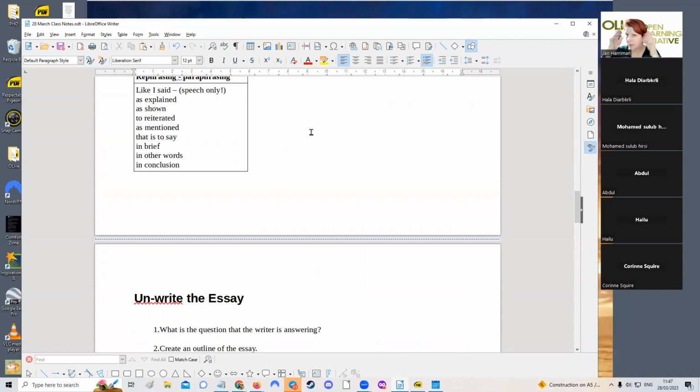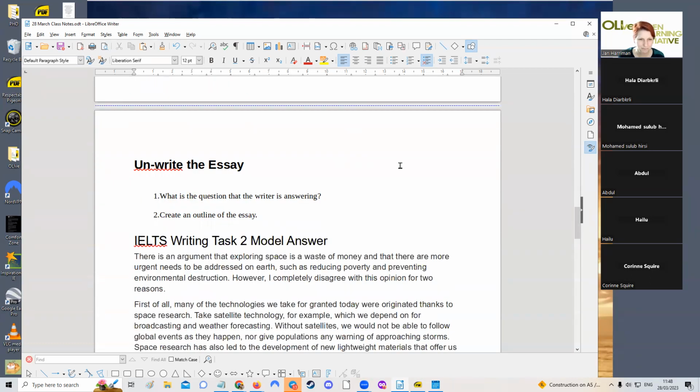Then we thought of ideas and tried to organize them so we could write. That's constructive. Let's try something destructive. Let's see if we can pick apart an essay and find all of those things we were working to build last week.